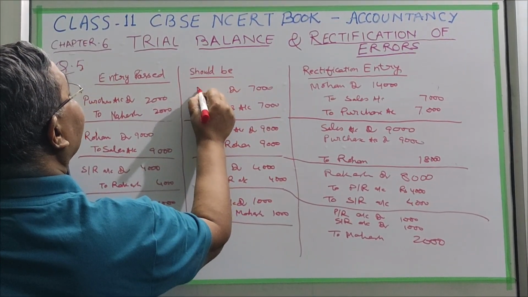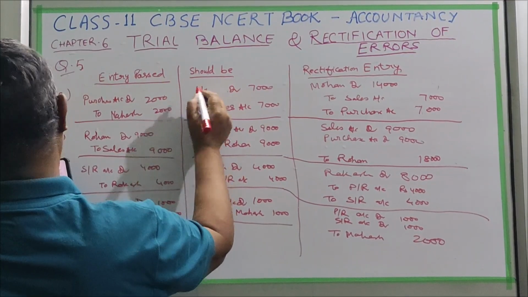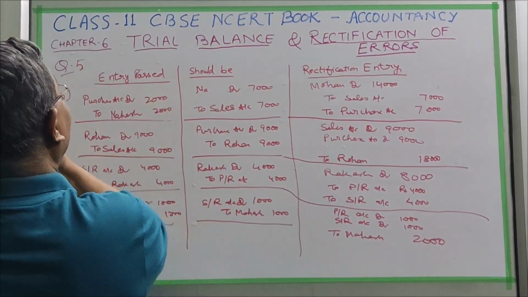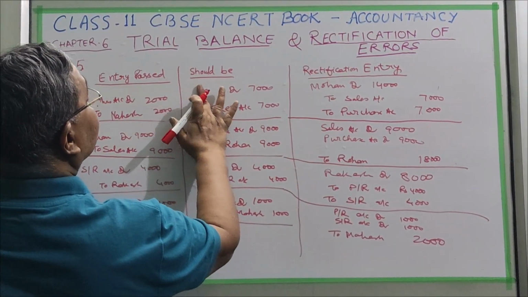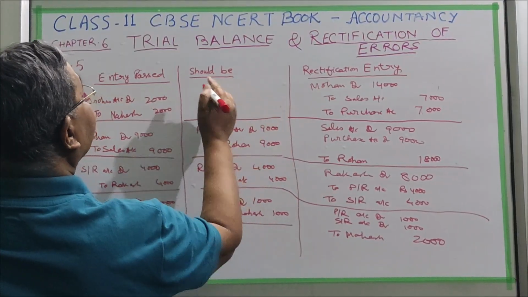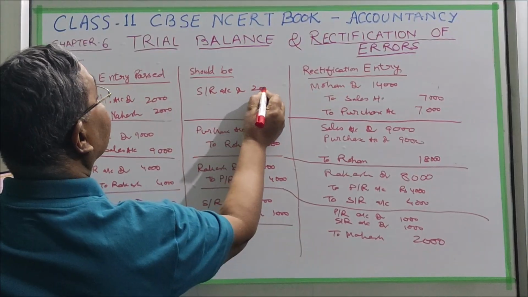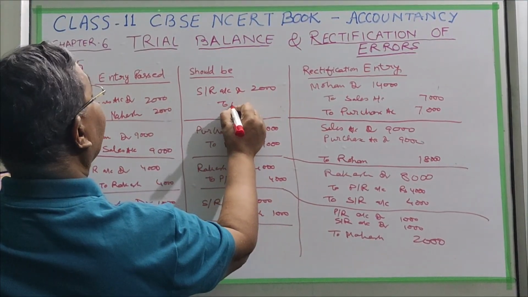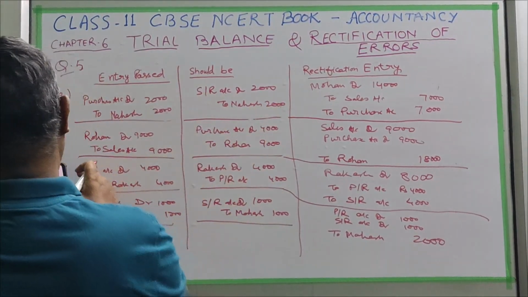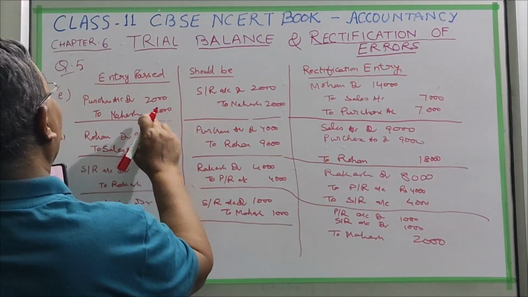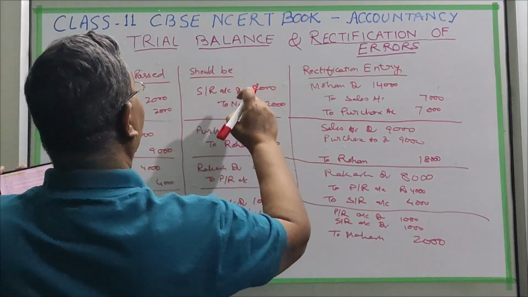And it should have been Mahesh debit, with sales return account debit 2,000, because goods were returned from Mahesh. Purchase account was debited instead.